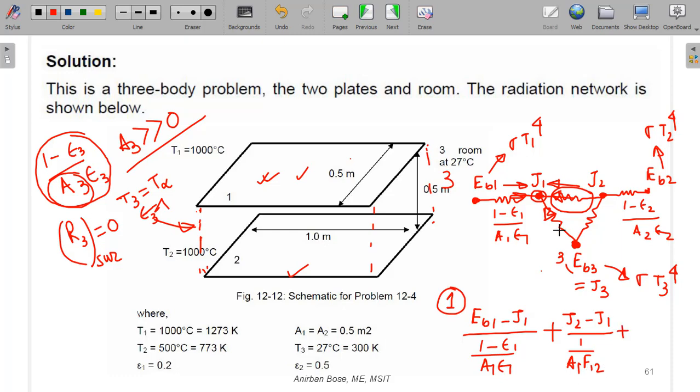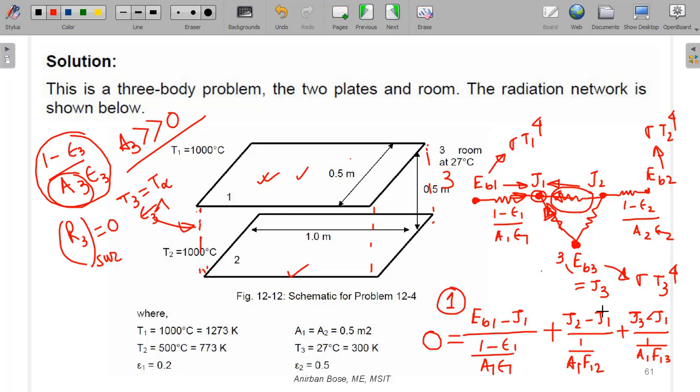Plus you consider this one, from 3 to 1, so J3 minus J1 divided by 1 by A1 F13, or you can write A3 F31. A3 is not known, so A1 F13. And this summation must be equal to 0.